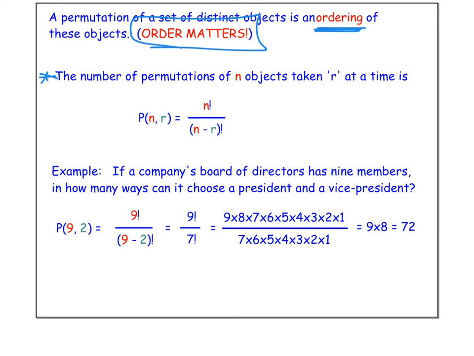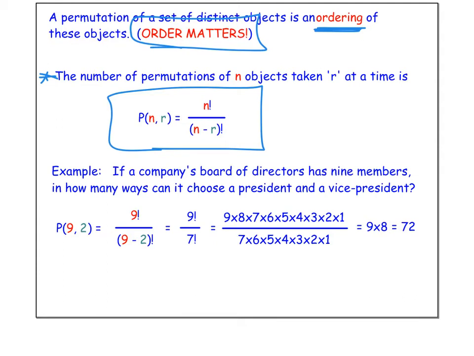The number of permutations of n objects taken r at a time can be written with this formula. This formula has n factorial on the top, and on the bottom it has n minus r factorial.